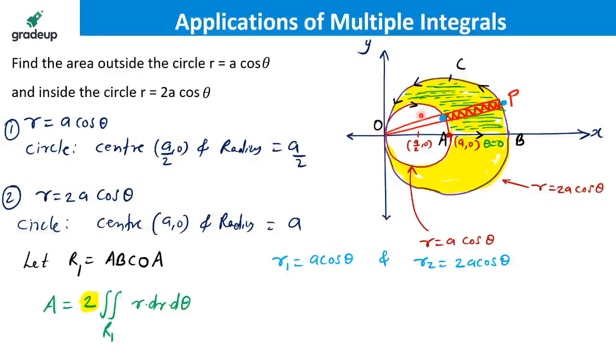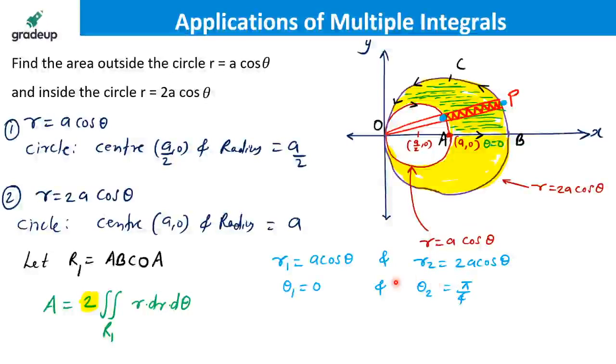We have to rotate this strip from theta equal to 0 to theta equal to pi by 2, so that this upper half will be covered completely. Sir, we got it. So theta 1 equal to 0 and theta 2 equal to pi by 2.